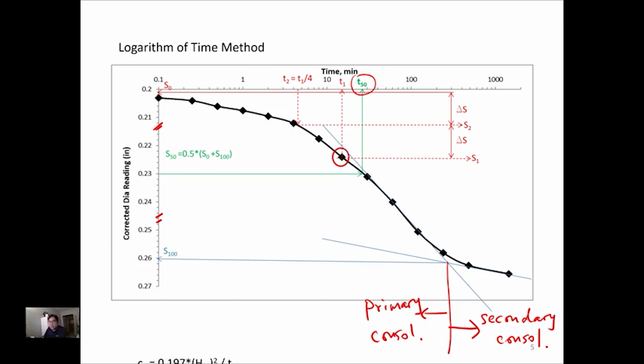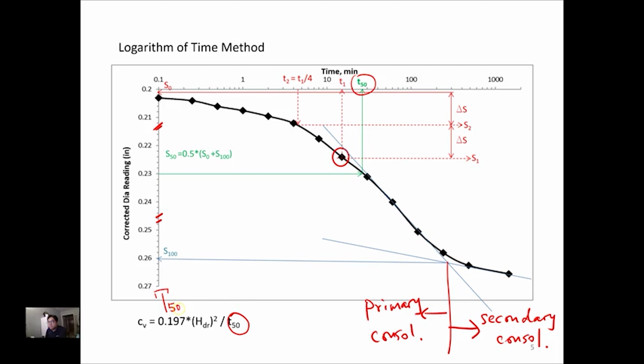And this T50 is essential because we need this T50 to go back to our Terzaghi equations to find out the C sub V. So the T50 here is the same as the T50 we find out from the engineering procedure, and then go back to this equation. And this factor over here, 0.197, is actually the time factor, the Terzaghi time factor at 50% consolidation.